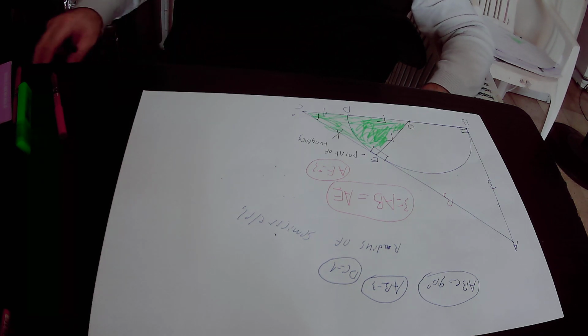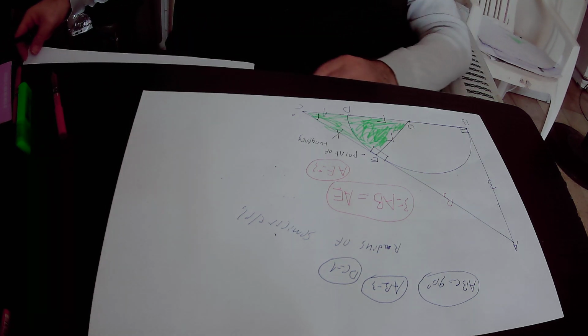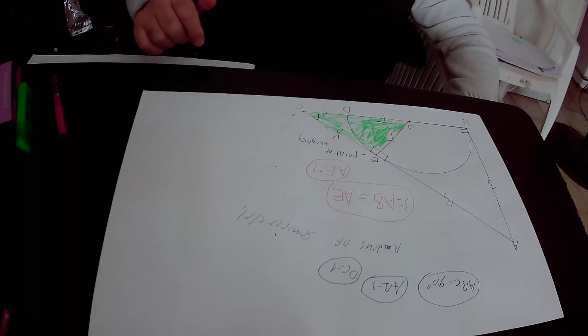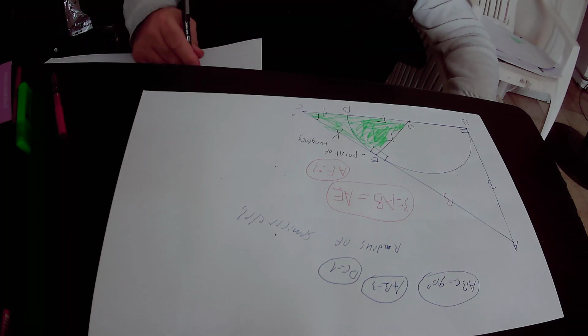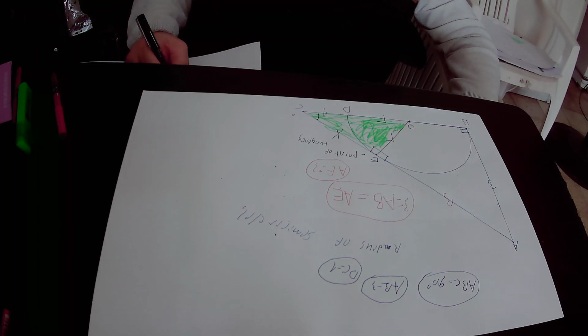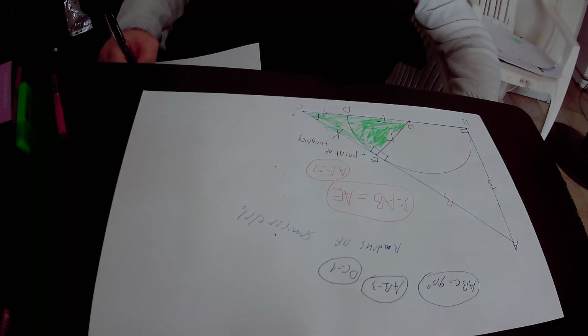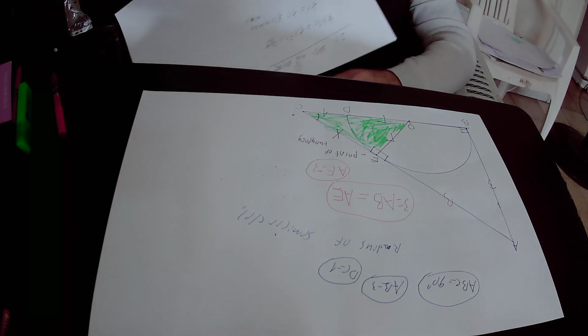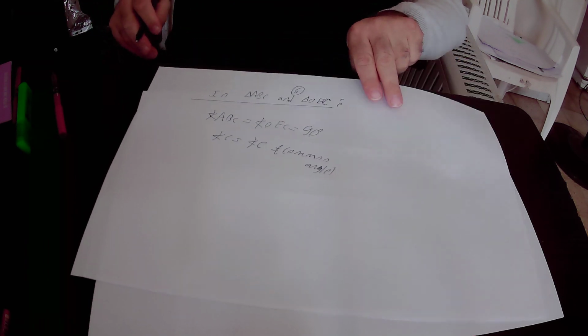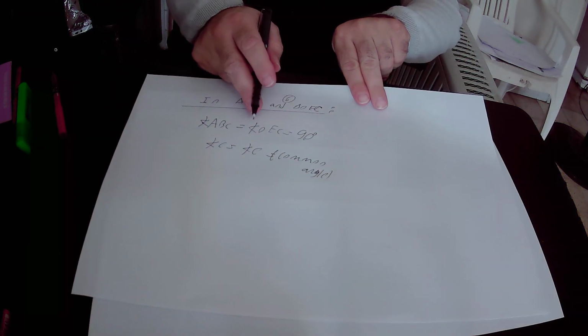So I write that angle C equals angle C, a common angle that belongs to both triangles.